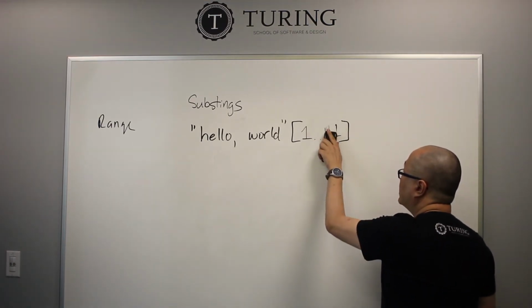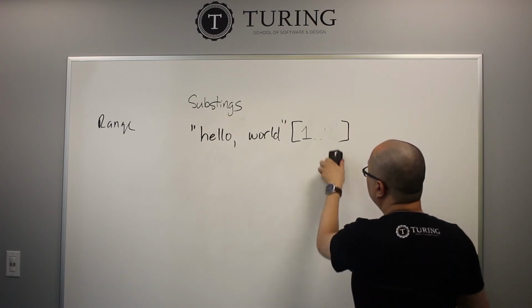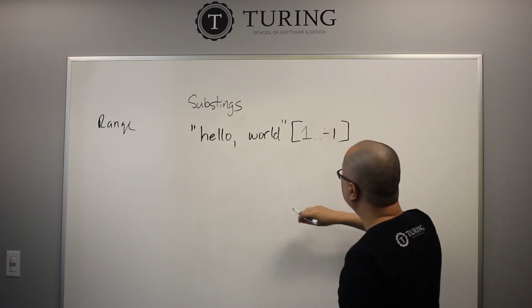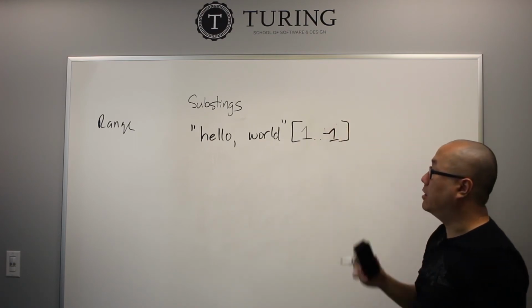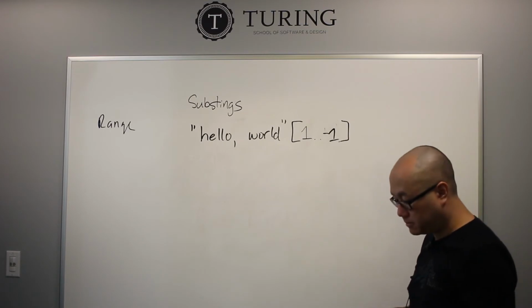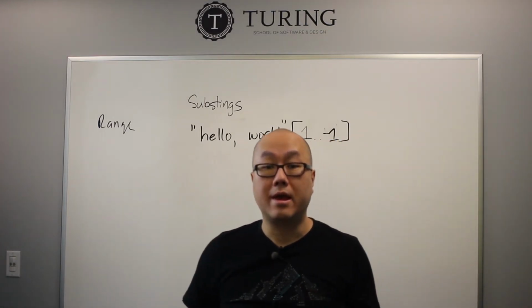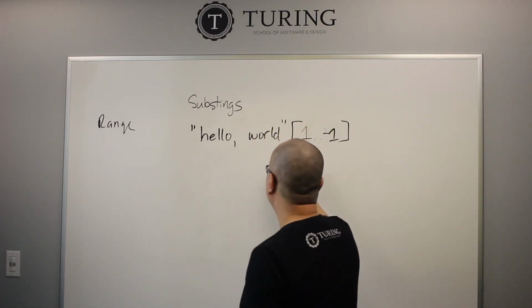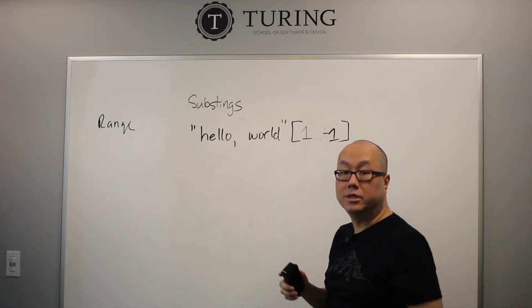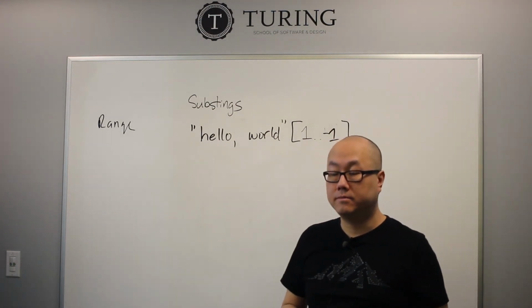But, as we just learned, we can also do 1..-1, and that will work as well. LO world. And that is essentially how substrings work. We can indeed use ranges and numbers to simply get portions of the string.